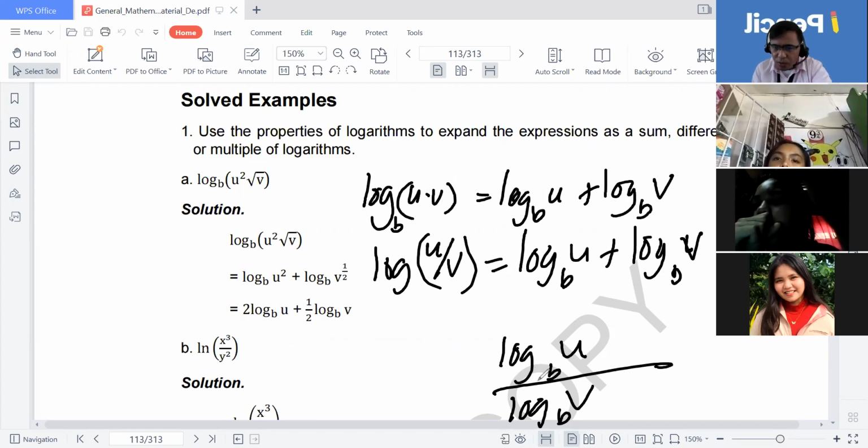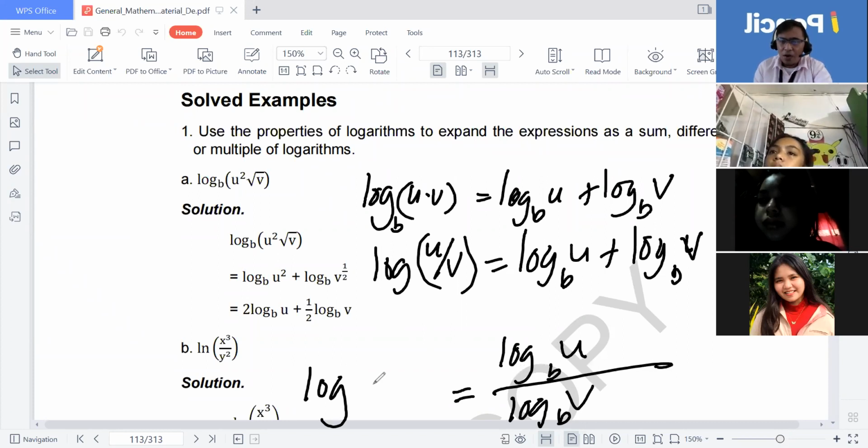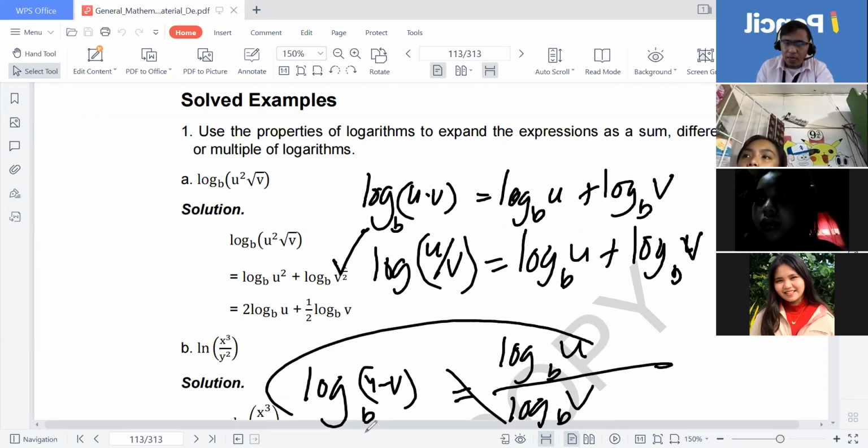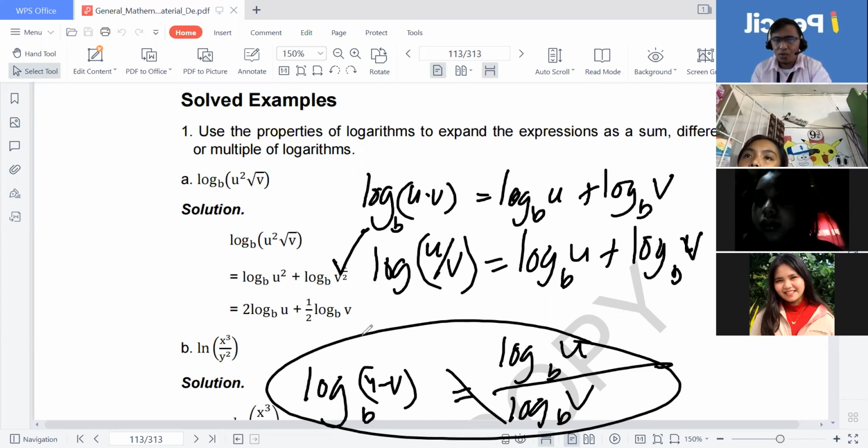They will force it to combine into a single logarithm and say it is equal to log of u minus v base b. This is not true. Only the two laws are true. Got it? In a case like this, don't force it. Clear? So this is not true. Its converse is not true.